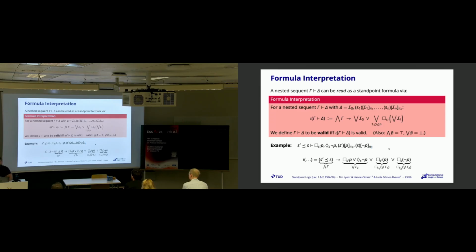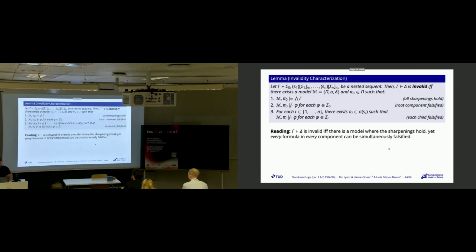Any other questions on this slide? If not, let's now talk about this lemma, which is going to characterize semantically what it means for a nested sequent to be invalid. So let this be a nested sequent. We say that it is invalid if and only if the following holds.